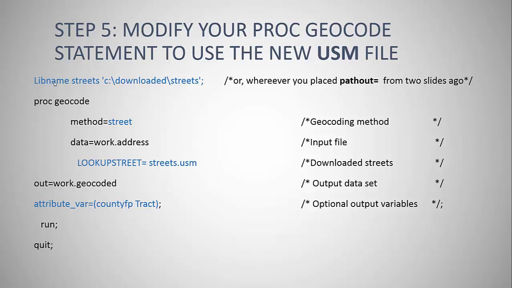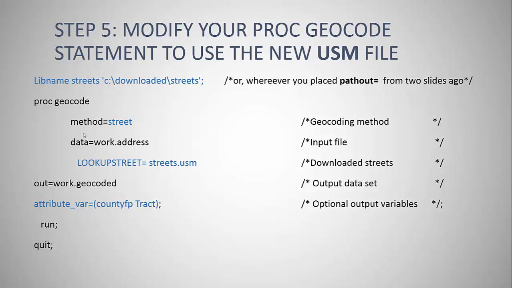In blue here, you can see that we've changed the libname to include the location where those files are now located. So those 3 new files are located in C:/download streets on my computer, and I named the library streets.